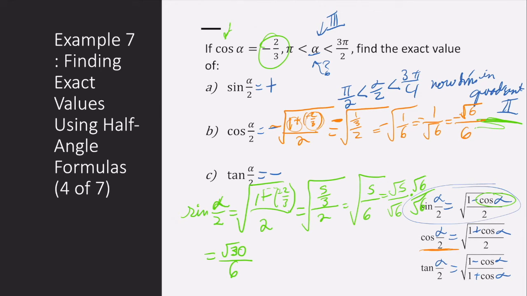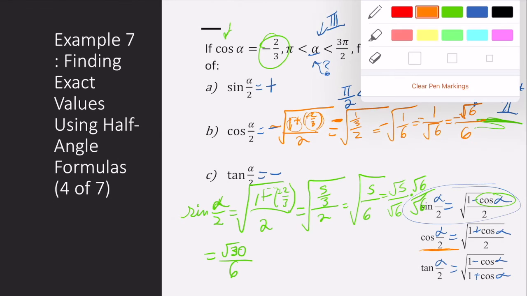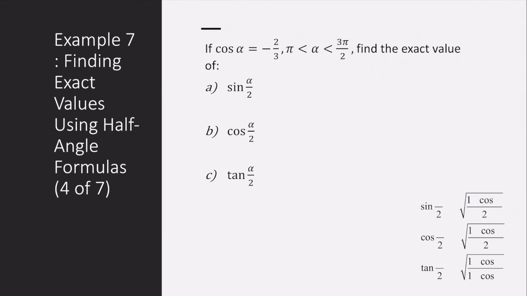Last but not least, let's solve the tangent. Probably should make us some more room. We never have enough room. So tangent of alpha over 2, because we're in quadrant 2, is going to be negative. And tangent of alpha over 2 equals the square root of 1 minus cosine of alpha over 1 plus cosine of alpha.